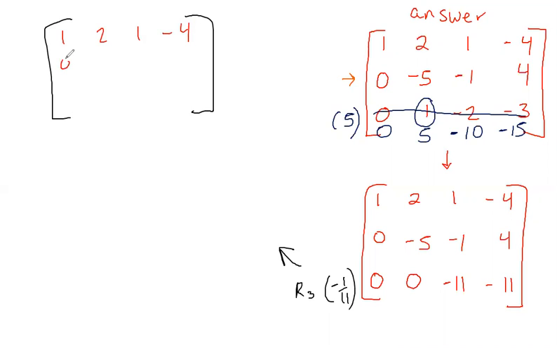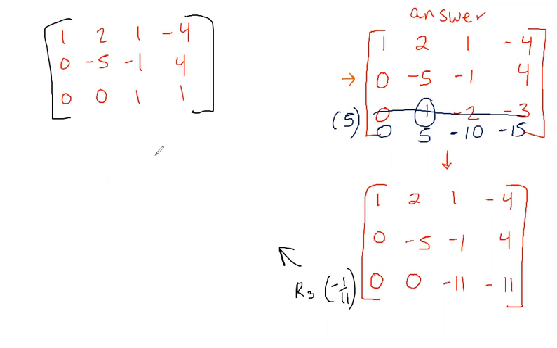Row 2 is 0, negative 5, negative 1, 4. And now if I multiply through by negative 1/11, which is really like dividing by a negative 11, essentially, I've got 0, 0, 1, 1. Okay, so this is our matrix in row echelon form.